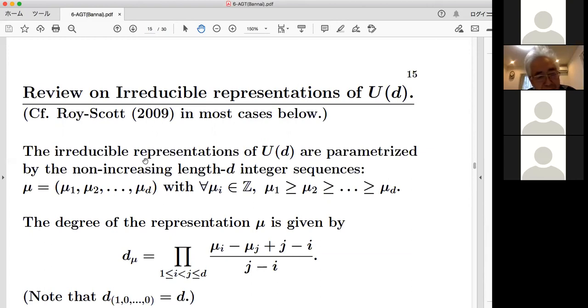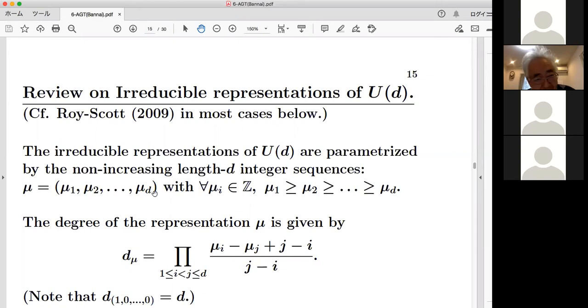The irreducible representations of the unitary group are parameterized by non-increasing length-d integer sequences. These are integer sequences, maybe negative, and non-increasing, so there may be equalities, but not increasing. Then this integer sequence corresponds to an irreducible representation of U(d).